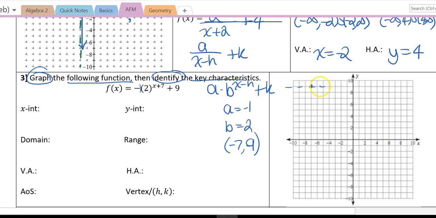We're going to do a horizontal asymptote through that hk. And then we look at our a value. We always go either up or down from that hk. We go the distance of the a value, which is 1. In this case, -1, so we go down. This is a growth which usually looks like this, but because it's a reflection, we have to go down to the right.